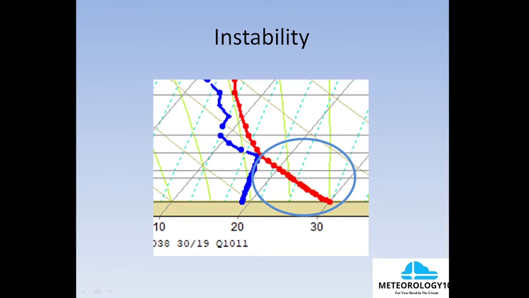Instability. One big thing when we get to instability is the lapse rates. Our typical lapse rate is about 6.5 degrees per 1,000 meters. We check how the temperature matches up with the dry adiabats or the moist adiabats, depending on the environment. Is it moist out? Are we saturated?